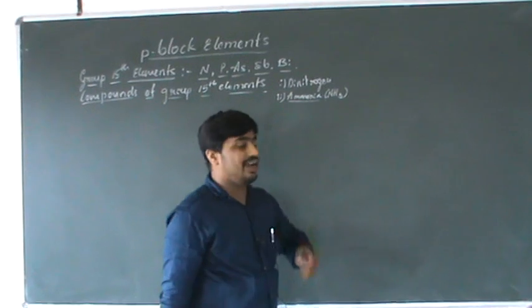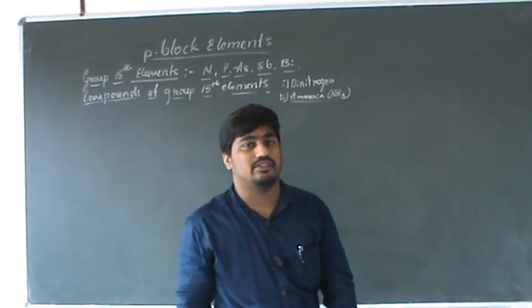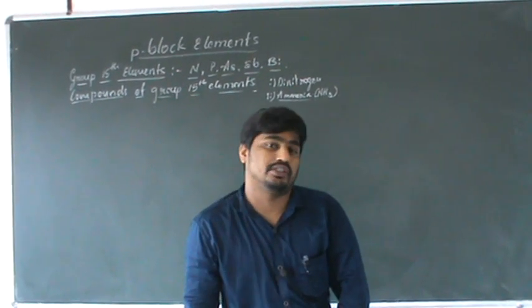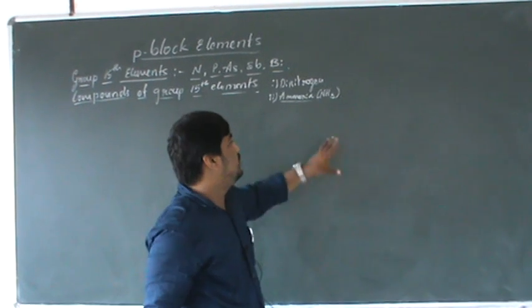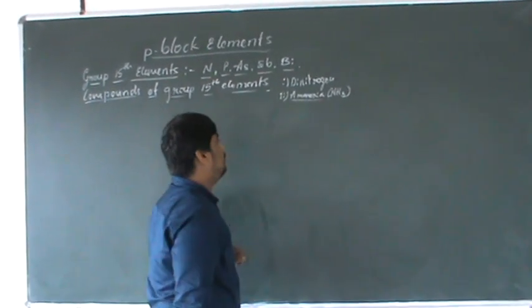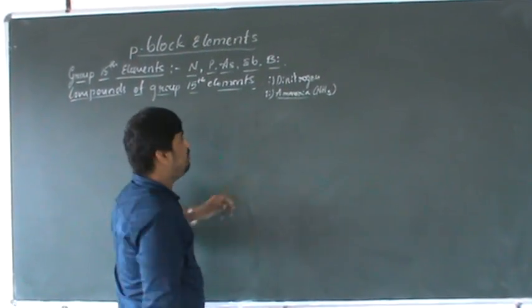Dinitrogen and hydrogen are compressed under 200 atmosphere pressure, and other conditions are required. In the previous video also we discussed what is required in the preparation of ammonia.